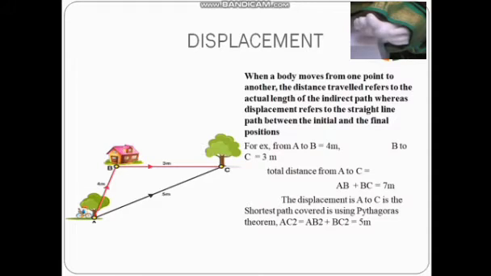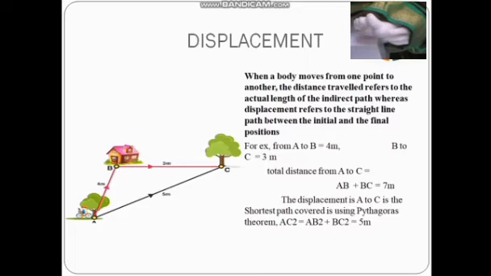For example, a cyclist moves from A to B, covers 4 meters, and then covers 3 meters to reach C. The distance covered from A to C is AB plus BC, which is equal to 7 meters, whereas the displacement is 5 meters from A to C. This we can calculate using the Pythagorean theorem, that is, the hypotenuse squared is equal to the sum of the squares of the other two sides. So AC squared is equal to AB squared plus BC squared, which results in 5 meters.